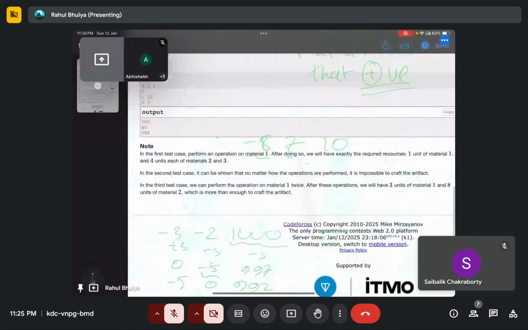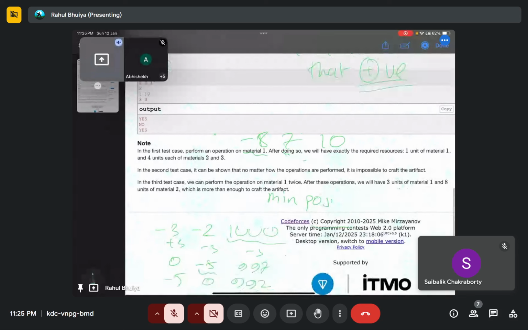So the second one means the minimum positive. So the first thing is there must be at most one negative number. There can be one or less, meaning it can be zero.